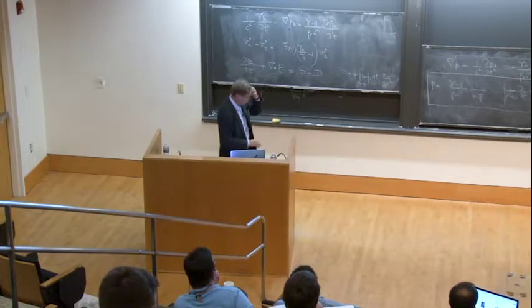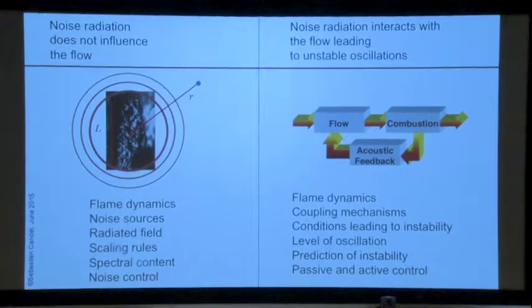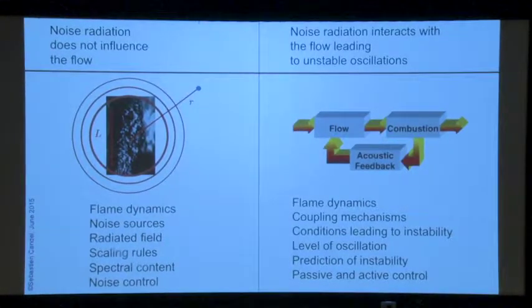All right, so now there are many possibilities. One possibility is the flame just radiates sound, and the sound doesn't change the flow or what happens here. Basically, we look at the flame dynamics. We have noise sources. We have already discussed some of the noise sources.